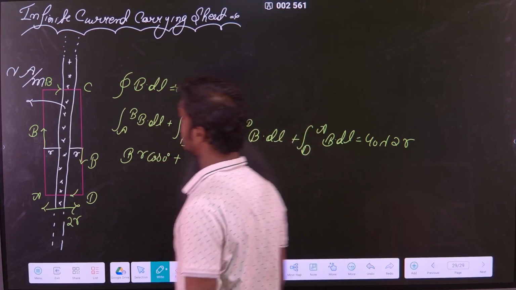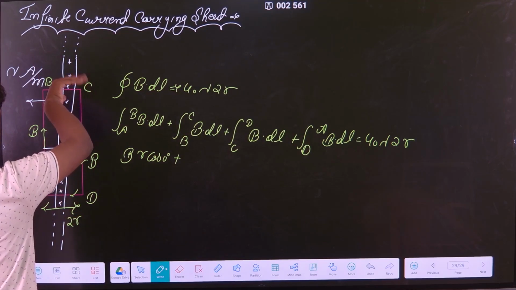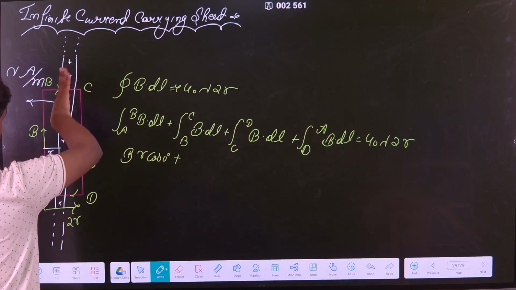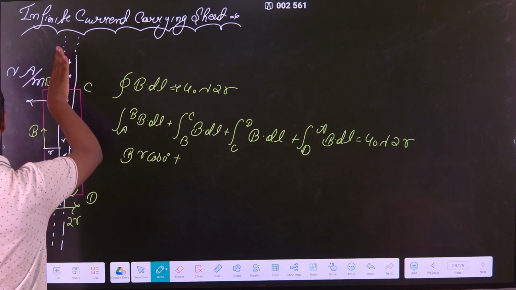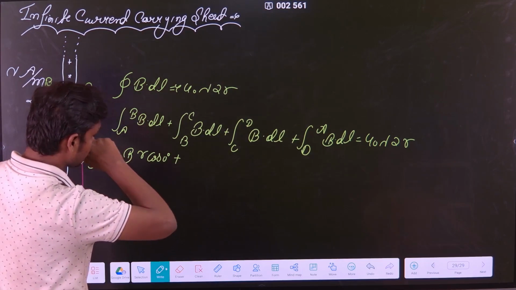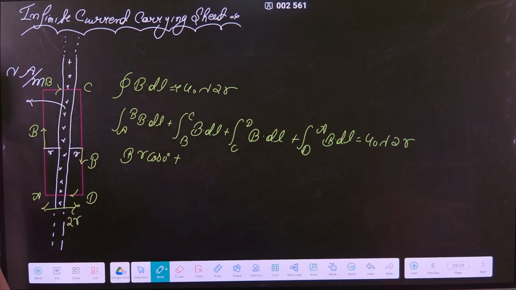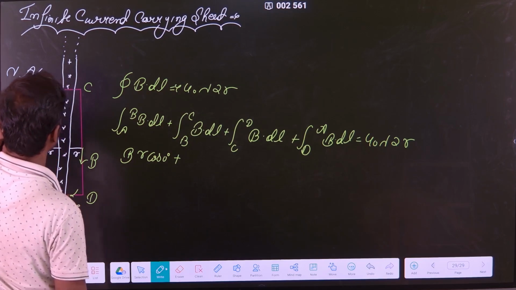Similarly for this, what is the direction of magnetic field at this point? Like this. See, at this point, current is going like this, correct? One minute.